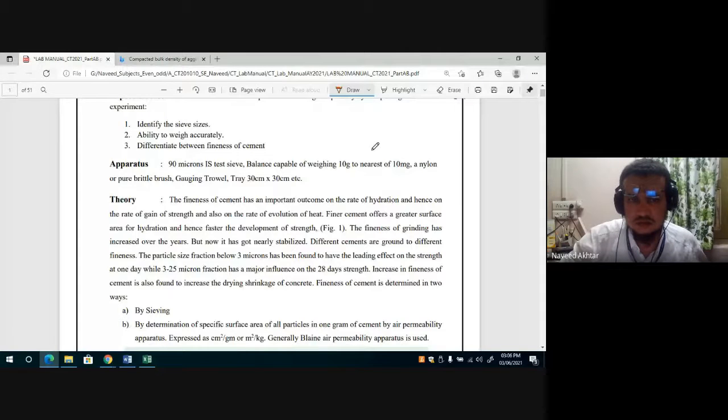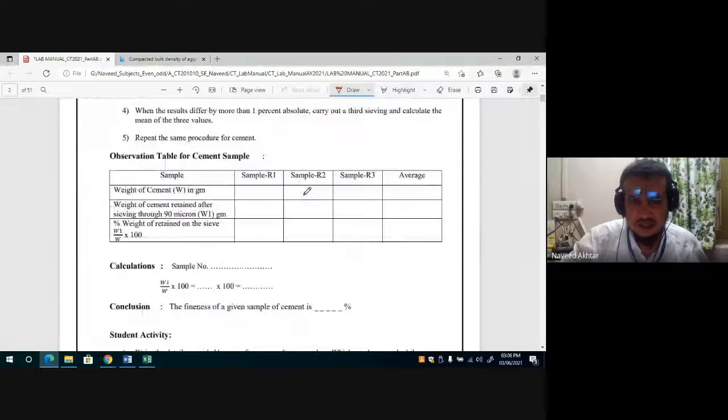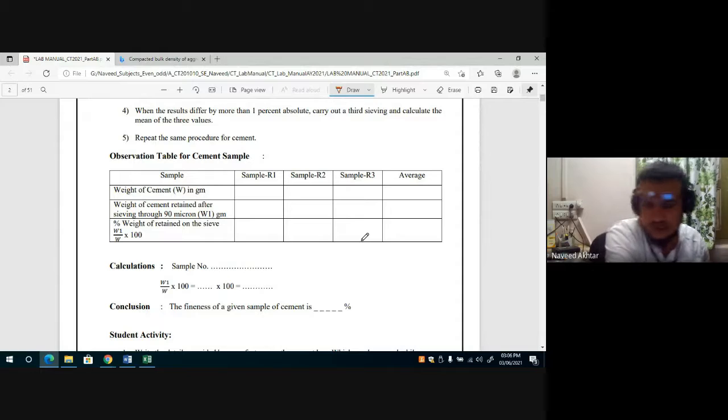So we'll start from the first practical. You can write down the readings as per sample 1. If you have taken 100 gram of sample and the weight retained is 3 gram, then 3% is retained. Your second sample you have taken 100 gram and the weight retained is 4 gram, 4% retained.